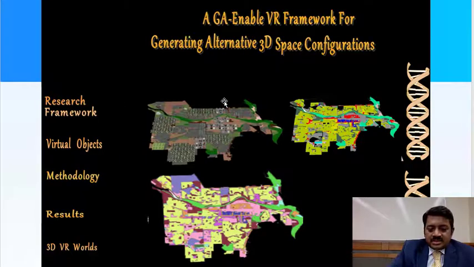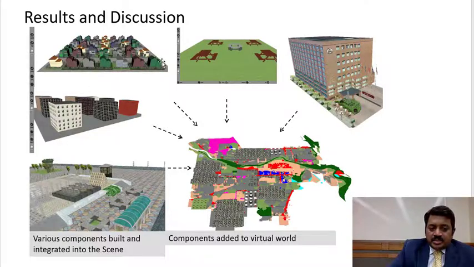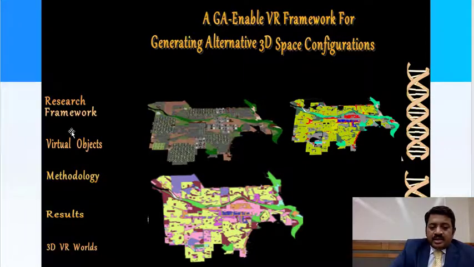So these results are organized and presented through an interface where the virtual objects shows a library of all the objects generated. All these objects, including the individual objects such as the houses, buildings, DEM models, TIN models, etc., are all stored in the library here, and they can be used in multiple plans as required.